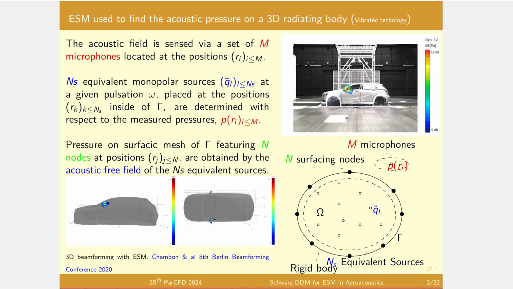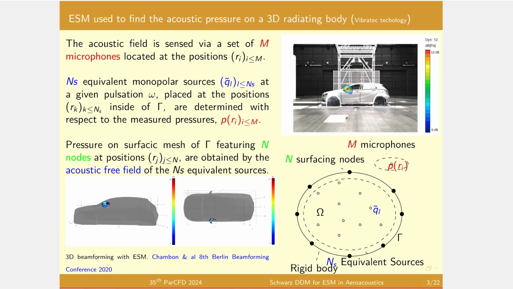They want to put some equivalent monopolar sources in the rigid body, at a pulsation frequency omega. They look at the pressure they have, and then they retropropagate the equivalent sources to obtain the pressure at the surface of the skin.